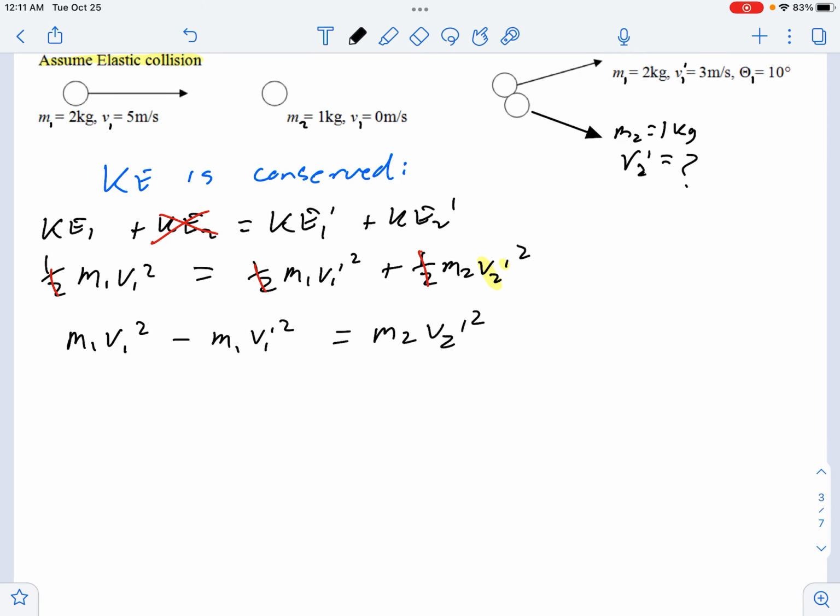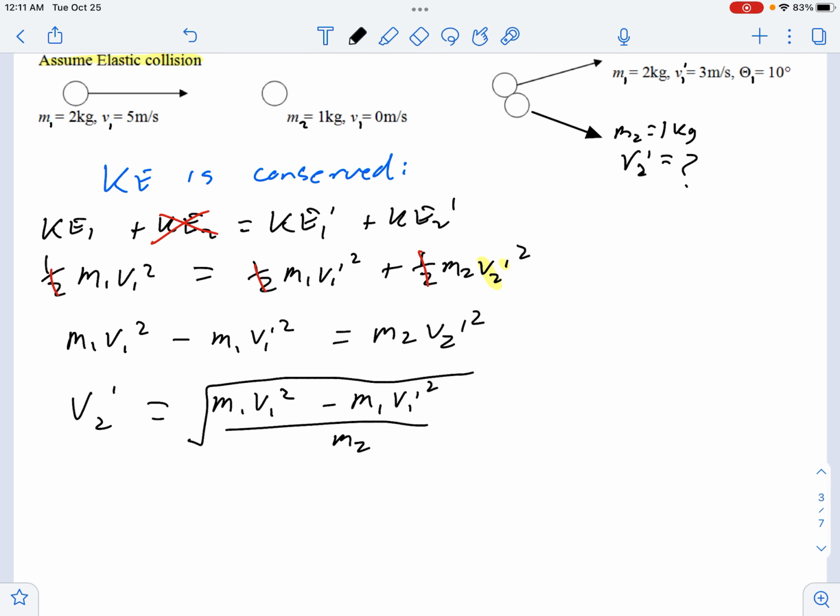Divide out the m2 on both sides and take the square root, and that should give me an expression for v2 prime: the square root of (m1 v1 squared minus m1 v1 prime squared) divided by m2.